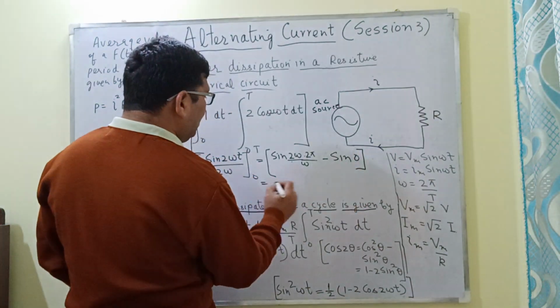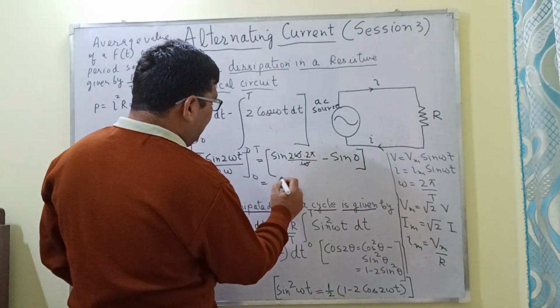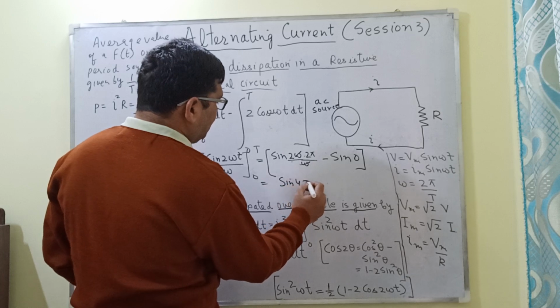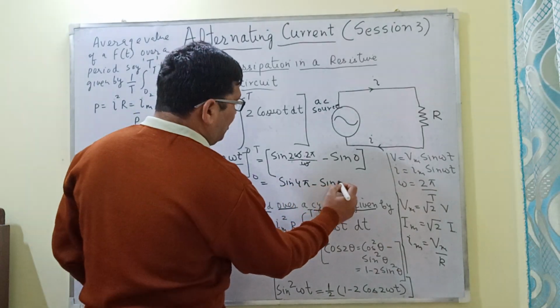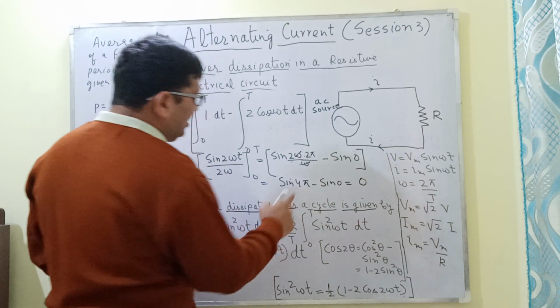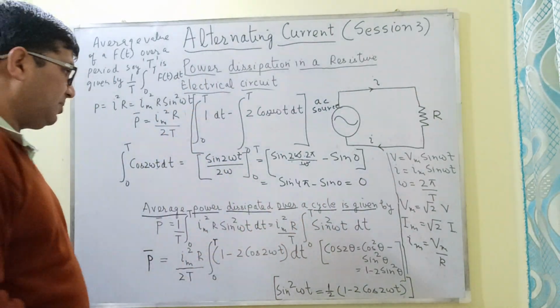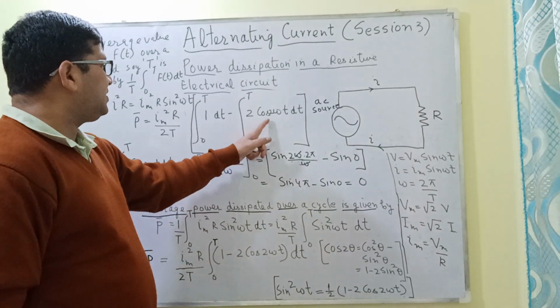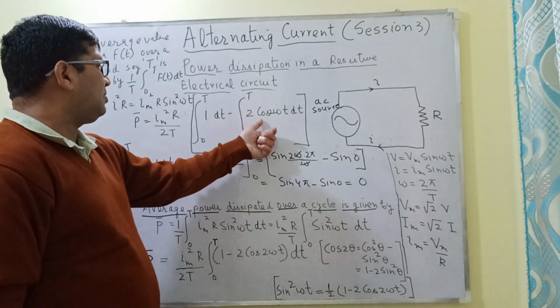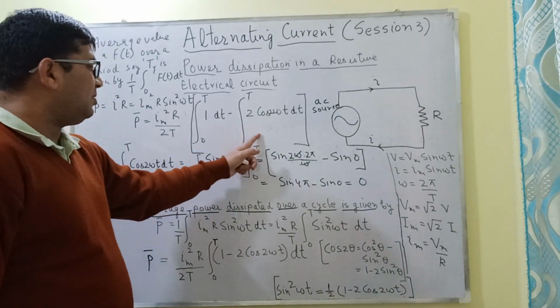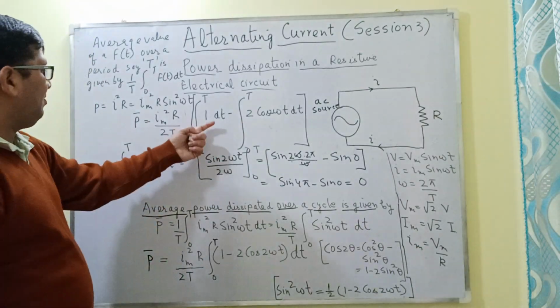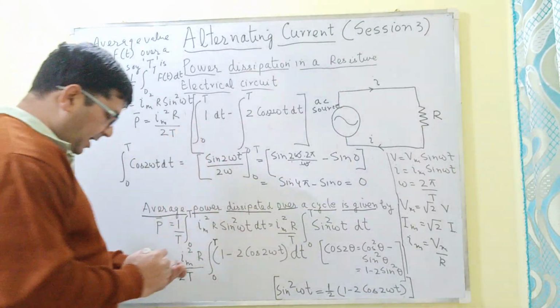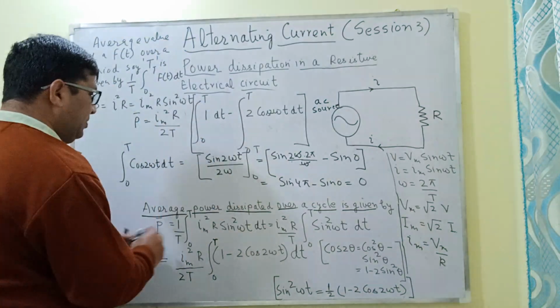So this will be equal to sine 4 pi minus sine 0, and this will be equal to 0 because the value of sine 4 pi is 0. So we can say that the integration of cos 2 omega t dt will be equal to 0.